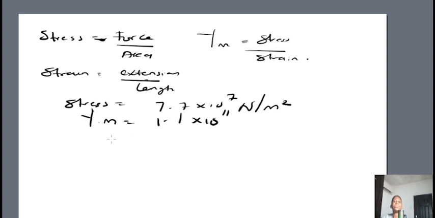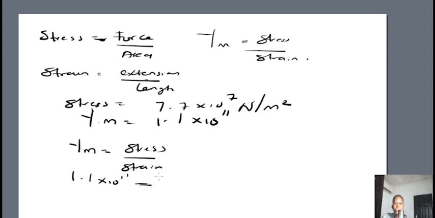So bringing this together, we have our Young modulus equals to stress over the strain. And we're asked to get our strain. So let's do that. That will be 1.1 times 10 raised power 11 is equals to our stress, which is 7.7 times 10 raised power 7, over our strain, which we are looking for.